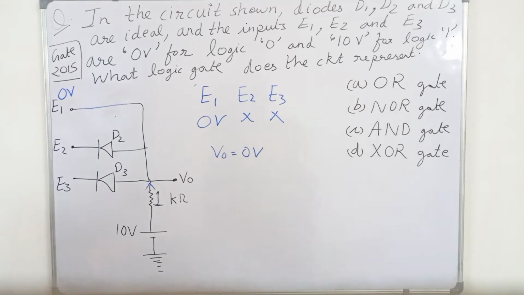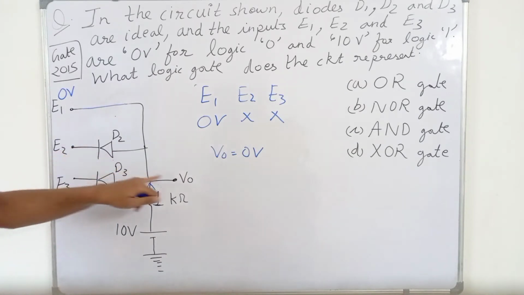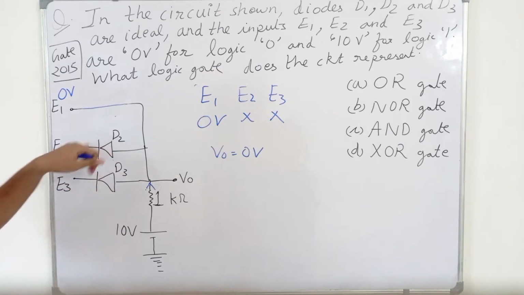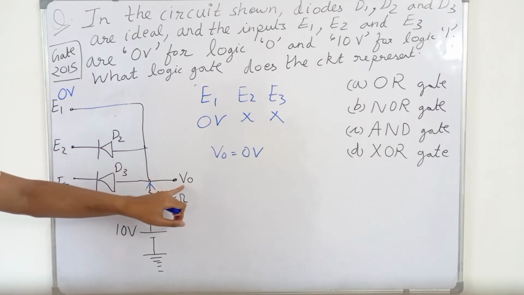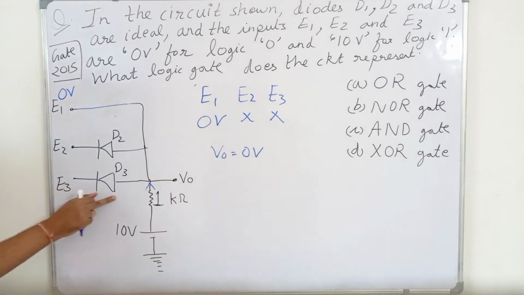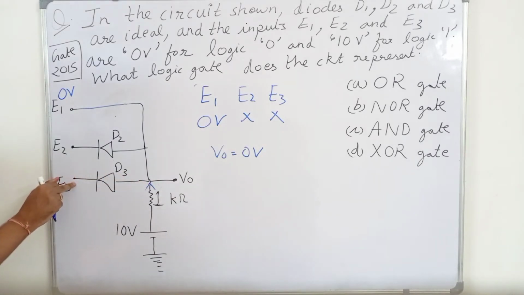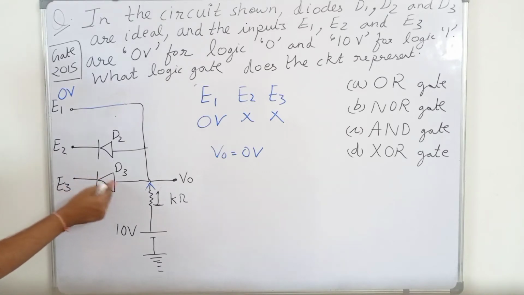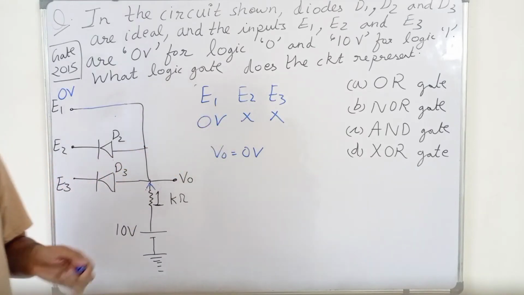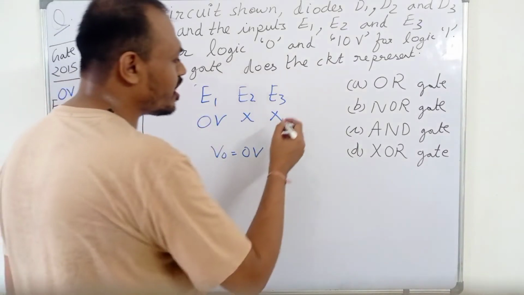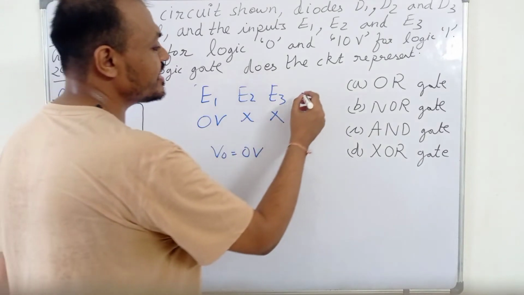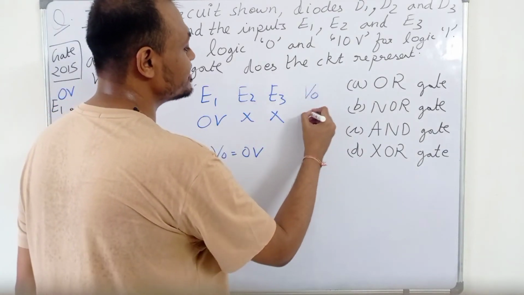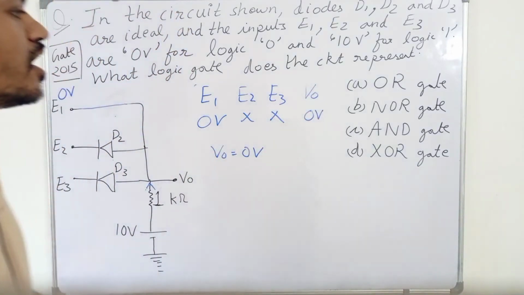If D2 is forward biased, then V0 will be 0. If it is reverse biased, it acts as an open circuit, so there is no effect on V0. If D3 is forward biased, then V0 will be connected to 0 volt, and if D3 is reverse biased, it is an open circuit, so no effect on V0. So if E1 is 0 volt, then whatever the values of E2 and E3, output V0 will be 0 volt, or logic 0.